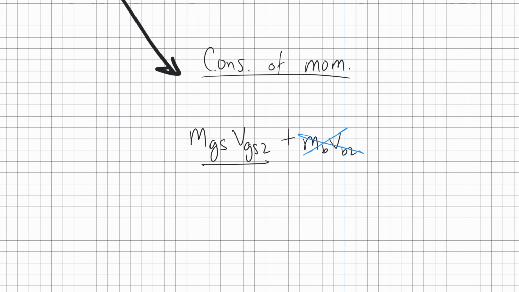So the momentum of Gayle and the sled plus the momentum of the brother beforehand equals the momentum of Gayle, sled, and brother. We'll just call that mass total times the velocity of the total after the collision, so that'll be at position 3.